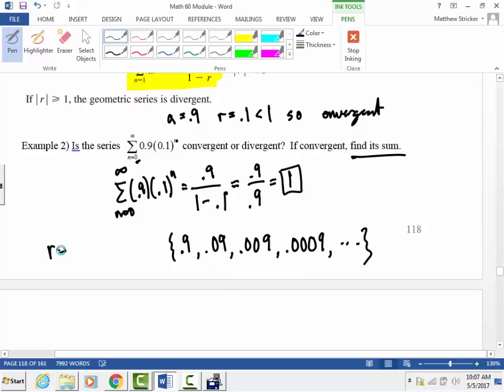In other words, r is a sub n plus 1 divided by a sub n. You take the term divided by its previous one. So you take 0.09 divided by 0.9. And what's that? Yeah, 0.1. Okay, sorry.